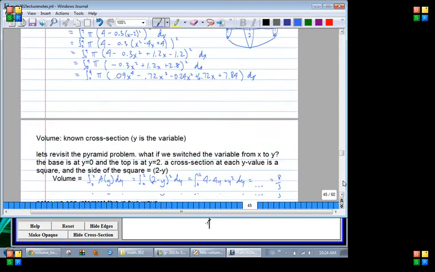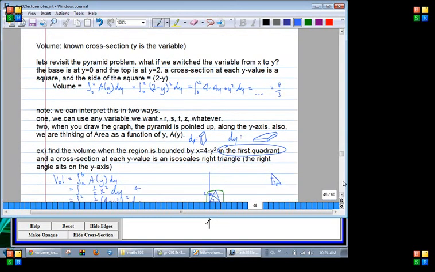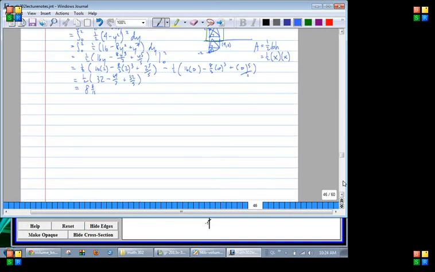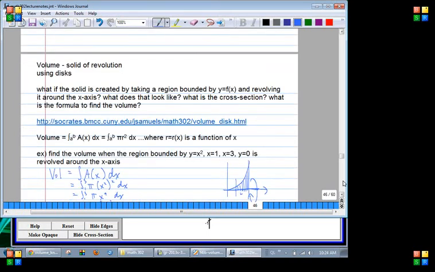Or the shape runs along y values, and the area changes as a function of y, and then we're going to integrate dy. Or it's a function of r, we integrate dr, whatever you like. Okay, so known cross-section, that's the first basic one.